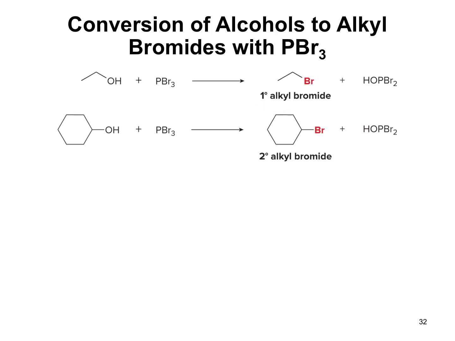Phosphorus tribromide is another way to convert alcohols to alkyl halides, specifically primary and secondary alcohols into primary and secondary alkyl halides. Now, let's look at this mechanism. Again, I'm going to start with my generic alcohol.